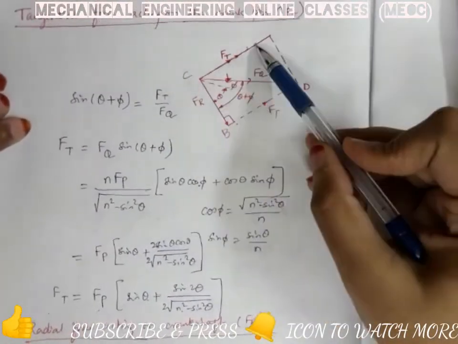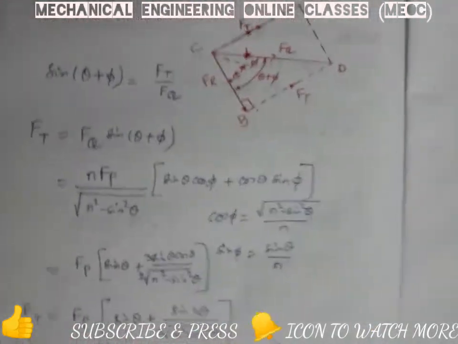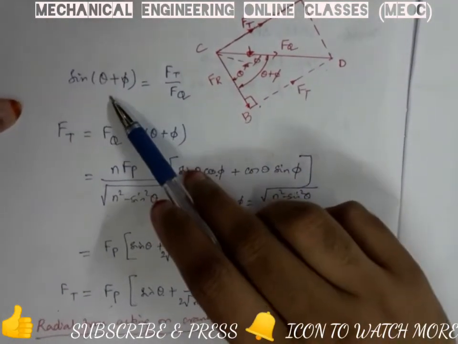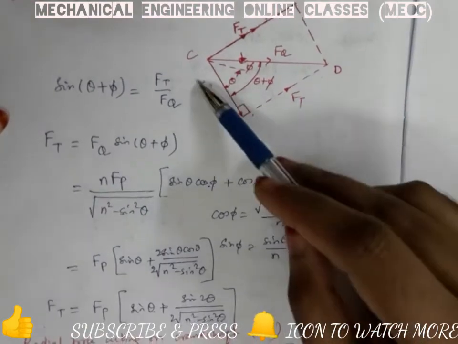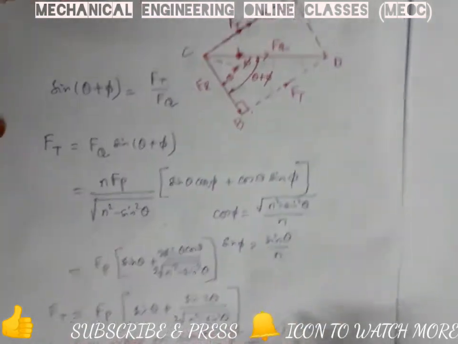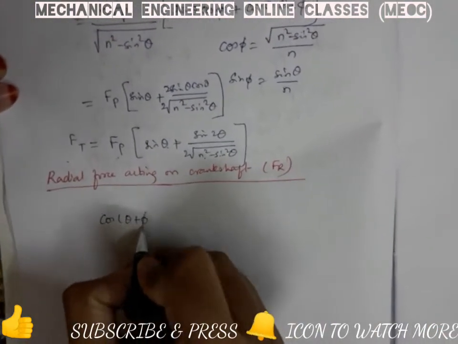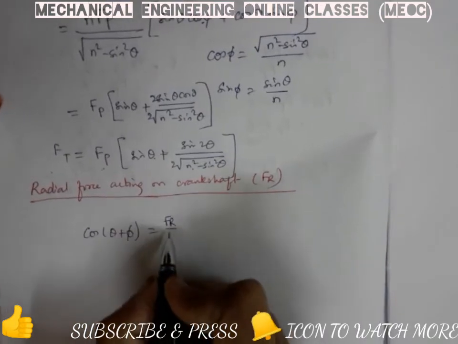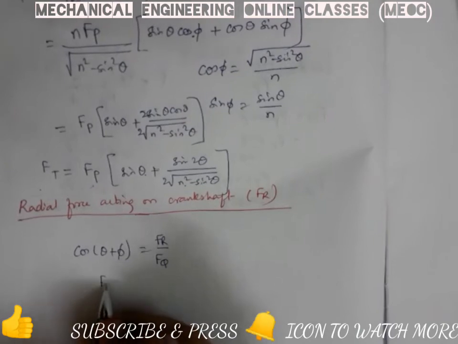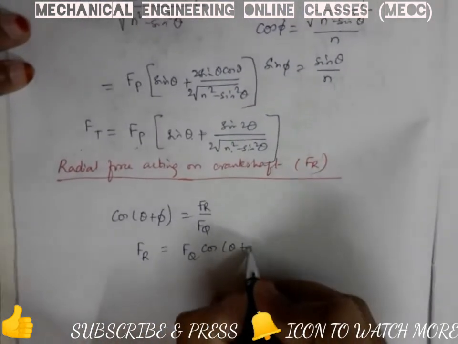So we have previously found just Ft, and from the same figure we can find Fr. To obtain Ft we have taken sine formula. To obtain Fr we have to use cos, because this is theta plus phi, and on the adjacent side there is Fr. So we can write cos of theta plus phi as Fr, which is the adjacent side, by hypotenuse, which is Fq. So therefore Fr is nothing but Fq cos of theta plus phi.